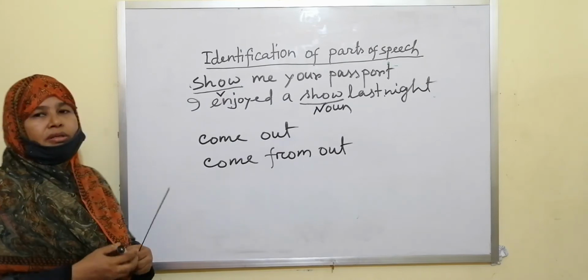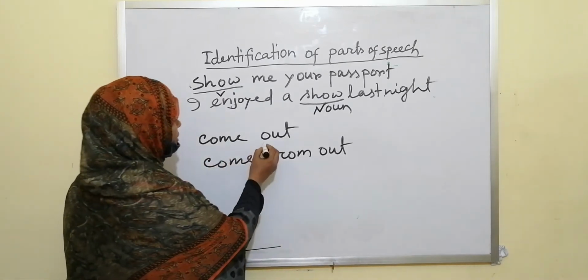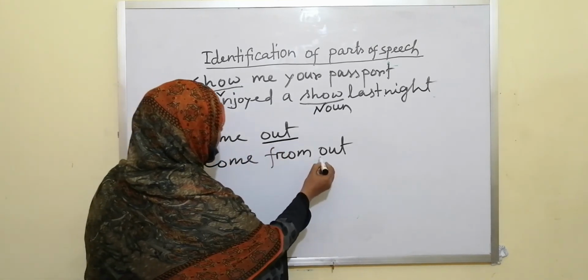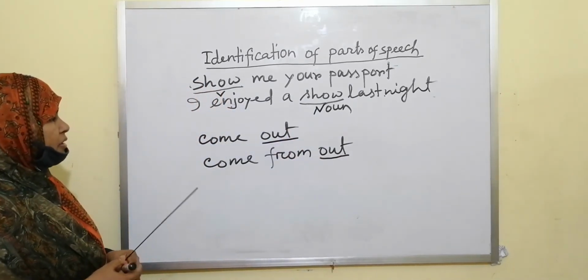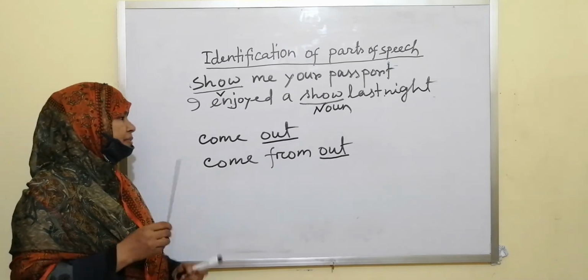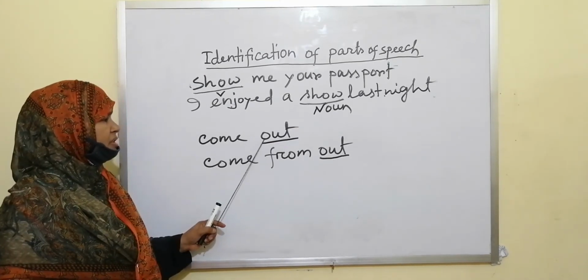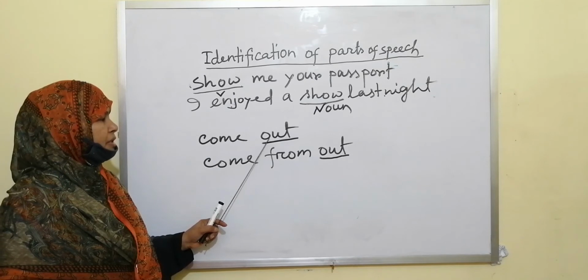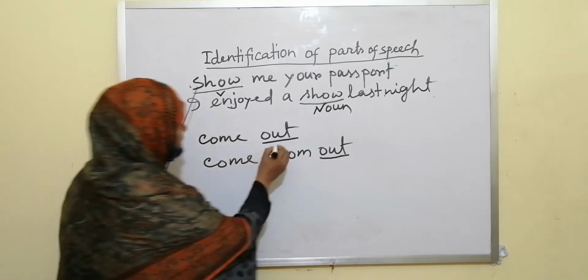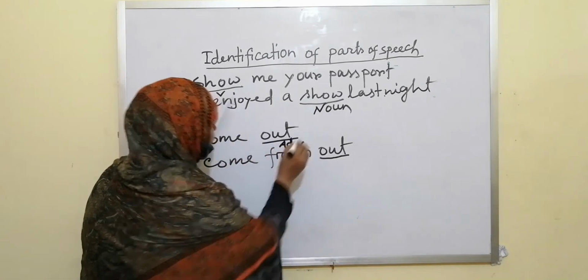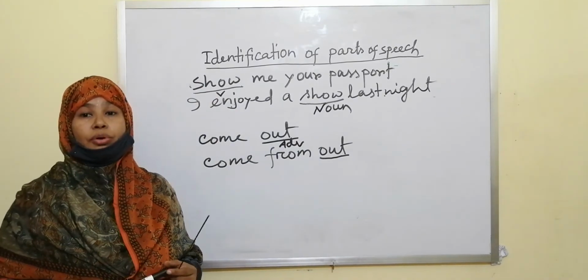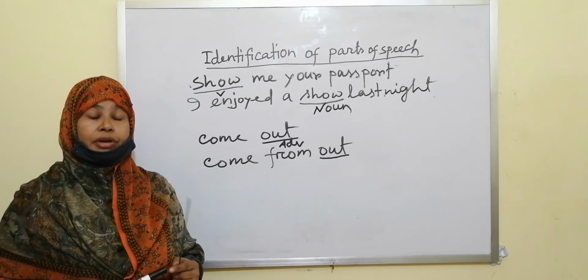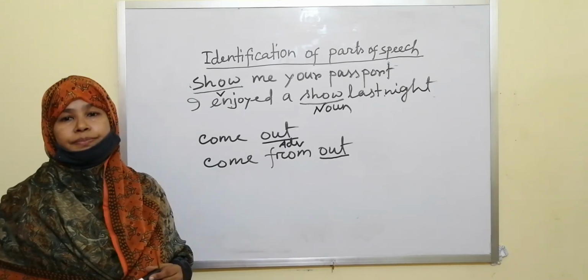Dear student, in the first sentence we identify out, and in the next sentence we identify out. In the first sentence, out is an adverb here because when we ask a question to the verb with where or how, we find that answer, which is an adverb.